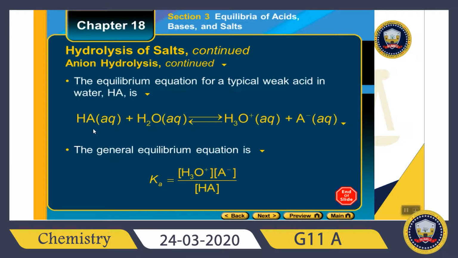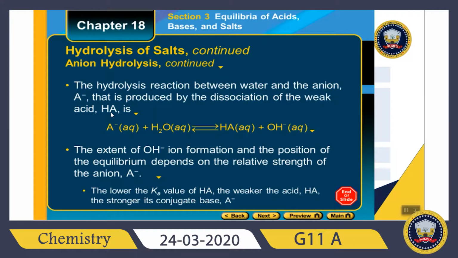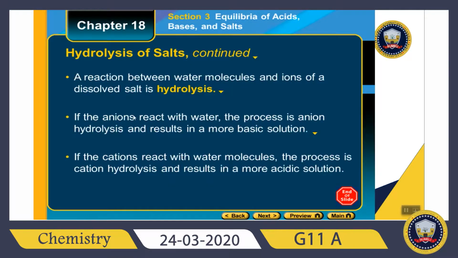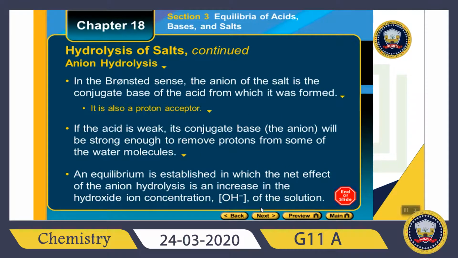Here you have a weak acid, and typically weak acids and strong base. This weak acid will produce HA. The reaction between weak acid and strong base means anion hydrolysis.